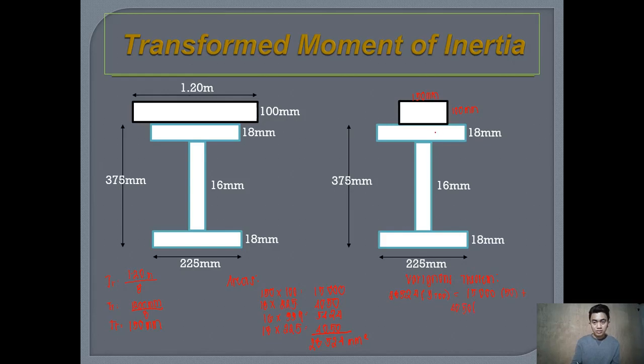The distance of the centroid to the top is equal to 100 plus 18 divided by 2, that is 109. Sorry. Then what else? Plus 5,424, multiplied by 375 divided by 2.